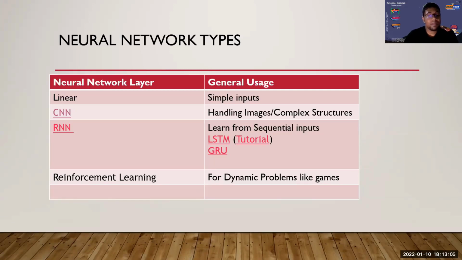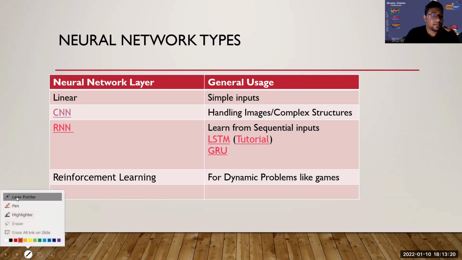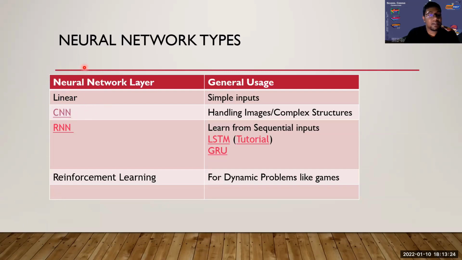So the basic building blocks of most of these deep neural networks are these smaller components. So we have something called a linear neural network layer. The difference between these layers is what type of data they can handle.